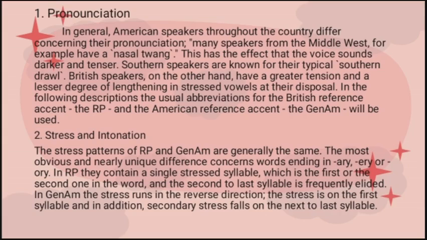One, pronunciation. In general, American speakers throughout the country differ in their pronunciation. Many speakers from the Middle West, for example, have a nasal twang. This has the effect that the voice sounds darker and tenser. Southern speakers are known for their typical Southern drawl.